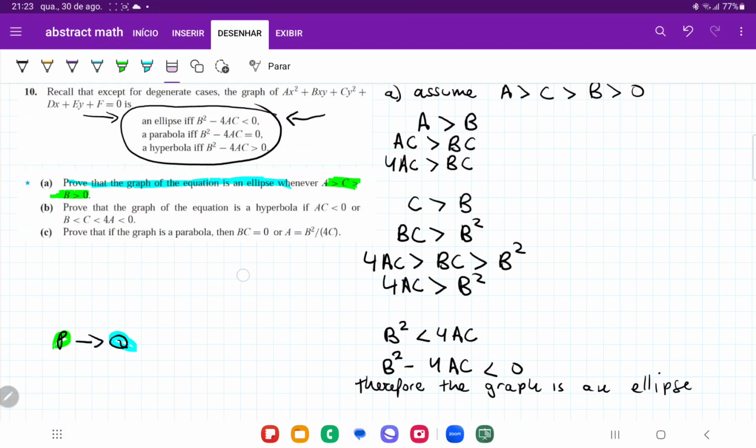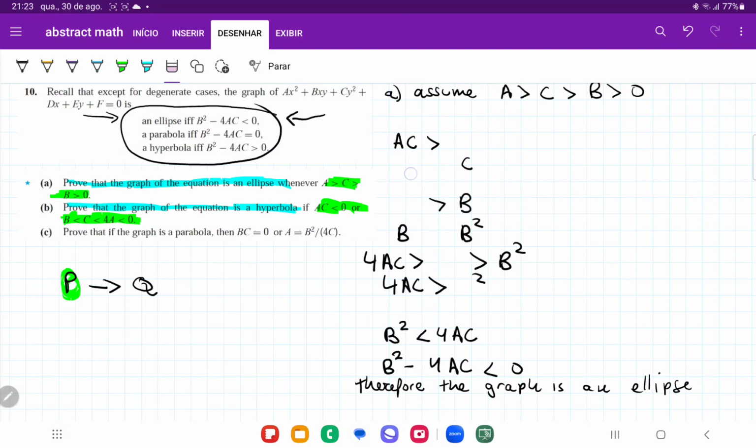So for item B, we're going to have also a conditional, right? Our hypothesis is in green. It's going to be if ac is less than 0, or b is less than c is less than 4a is less than 0. And so that's going to be our hypothesis, and our conclusion is going to be this.